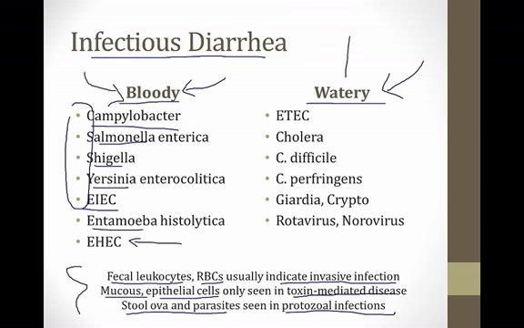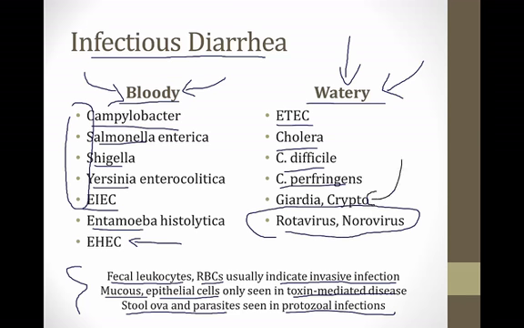And then all these bacteria over here generally cause infection by a toxin. They're not invasive, that's why they cause watery diarrhea. So enterotoxigenic E. coli has a toxin that causes disease. Cholera, C. diff, and Clostridium perfringens all have toxins which lead to disease. The viruses generally don't cause invasive disease. And then finally, these two parasites, Cryptosporidium and Giardia, also cause a watery diarrhea.